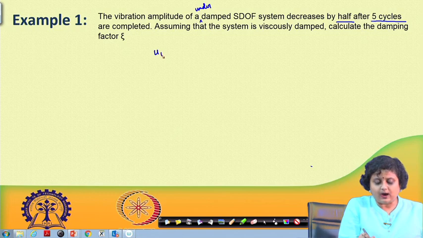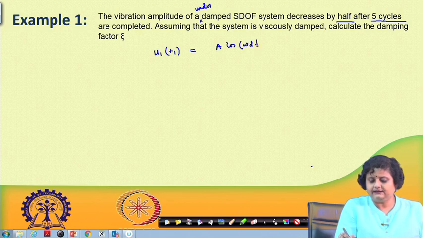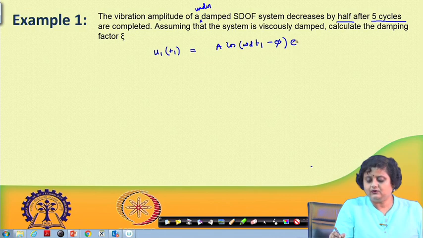So, u1 at the initial time t1, let me write this as A cos(omega d t1 minus phi) into e to the power minus zeta omega n t1.